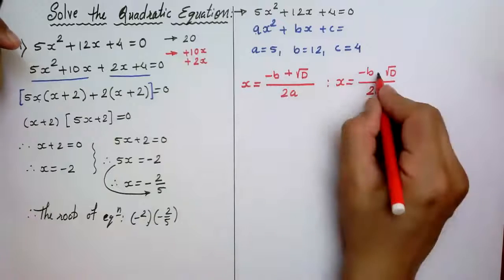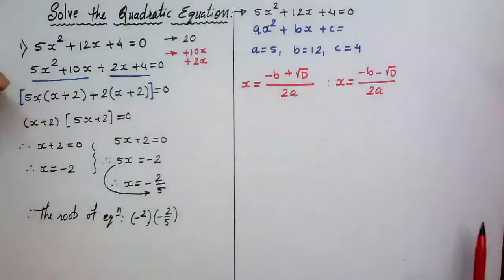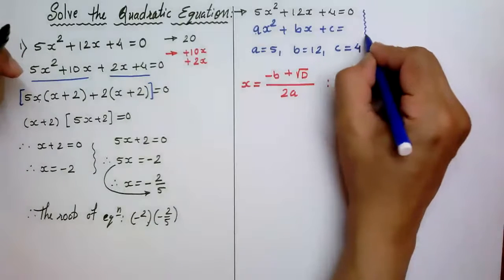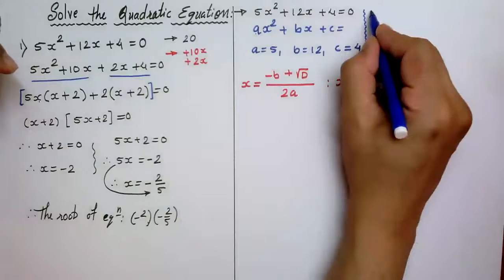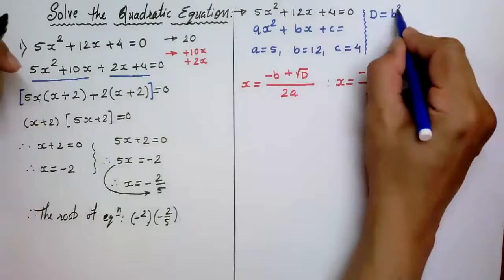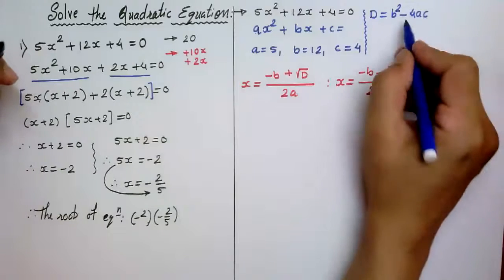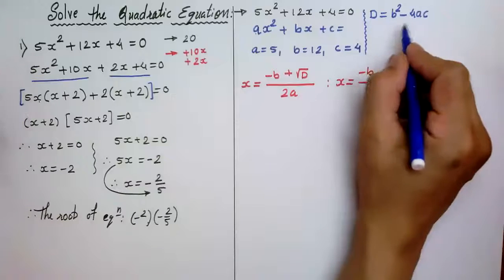Instead of this plus, I will write minus. And what is d over here? Actually, it is called the discriminant. And the value of this d can be calculated by d is equal to b squared minus 4ac, that you have to remember. It will not be given in the formula sheet.